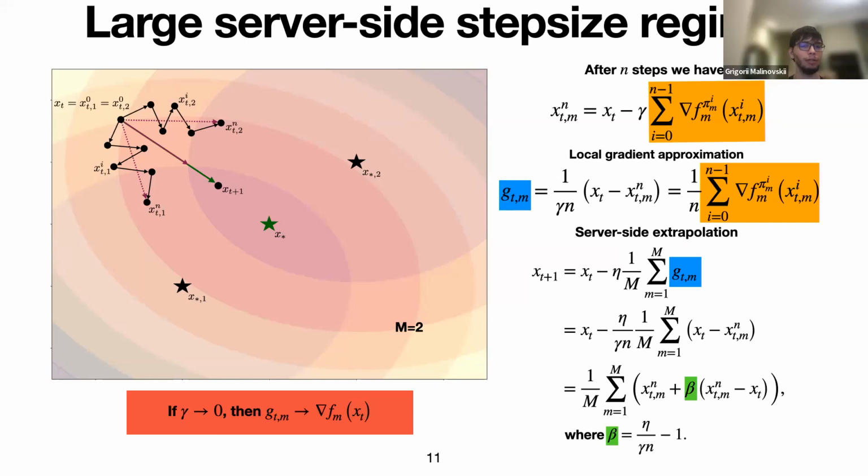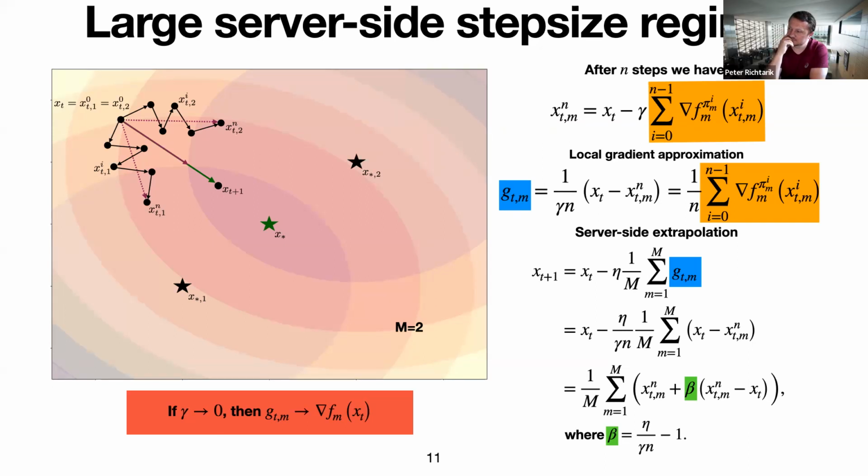Okay, let me add some explanations. So in some sense, we have a general framework for three algorithms: simple distributed gradient descent, as I mentioned before, when gamma goes to 0.